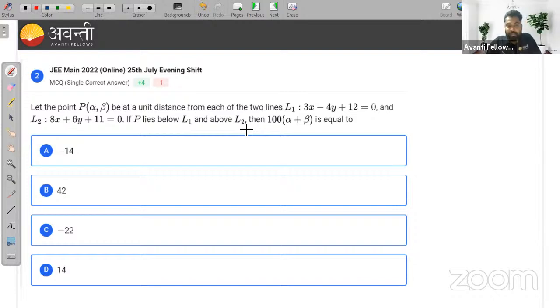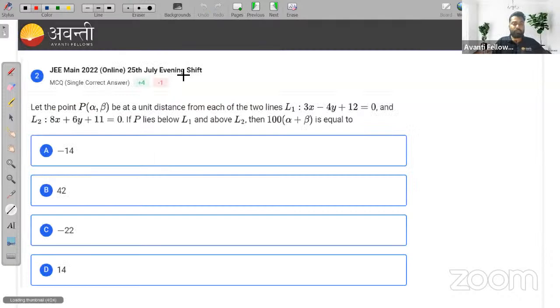And P lies below L1 and above L2. Then you have to find 100 into alpha plus beta. Clear? Okay. So what is given in the question? Let's discuss.